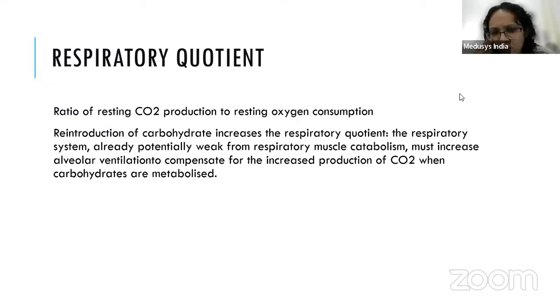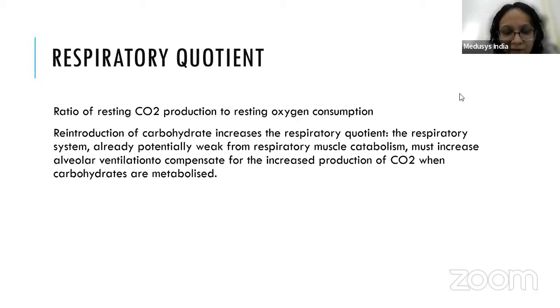What adds to the scenario is that the respiratory muscles are already weak in starvation, so they cannot work hard and it is very difficult to excrete that much CO2. So patients become dyspneic and tachypneic. This is a very interesting point. I want all of you to read the respiratory quotient table from Miller.